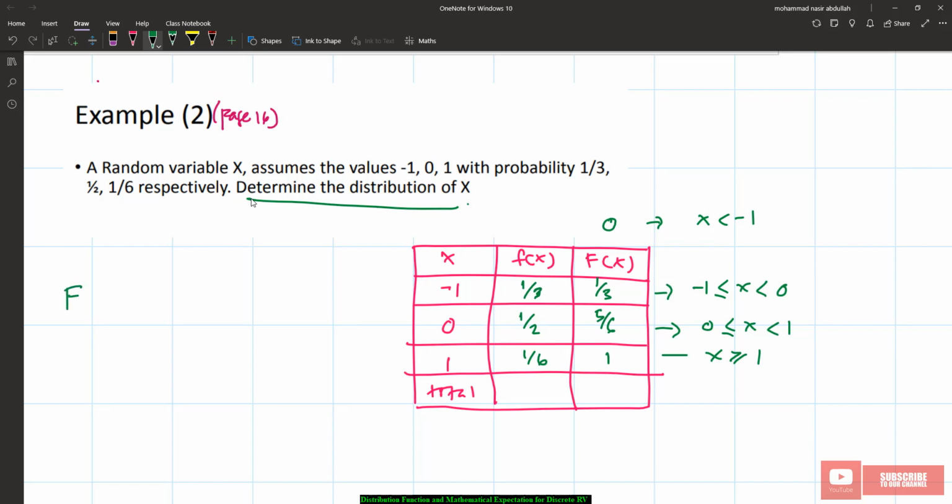So plug in the values in the template. The template starts from 0, 1 over 3, 5 over 6 and 1. So this one is x less than -1, and then -1 less than or equal to x less than 0, and this is 0 less than or equal to x less than 1, and this is x more than or equal to 1.